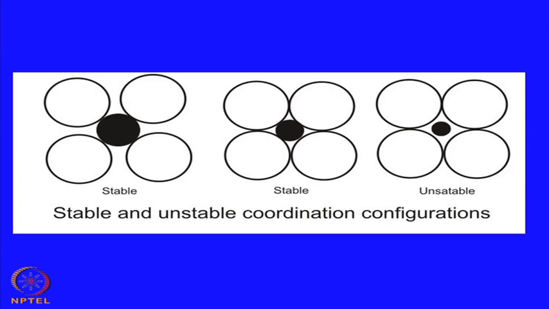The cation is a smaller ion than the oxygen ion. The ionic radius of oxygen is about 1.4 angstroms, whereas most of the metals have an ionic radius of less than 1 angstrom. So, there is a big difference between the ionic sizes of the cation and the anion.